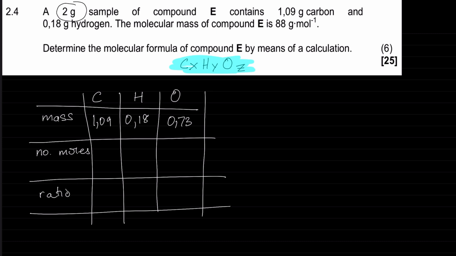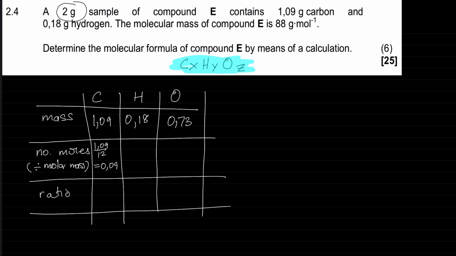Now, the next row says calculate the number of moles. Now remember, if you have the mass, you can calculate number of moles by dividing by the molar mass. So divide by molar mass. Now, the molar mass of carbon is 12. So 1.09 divided by 12, and that gives us an answer of 0.09.